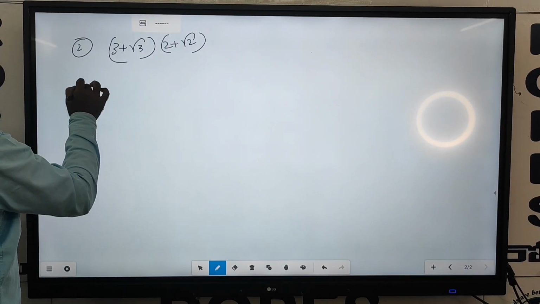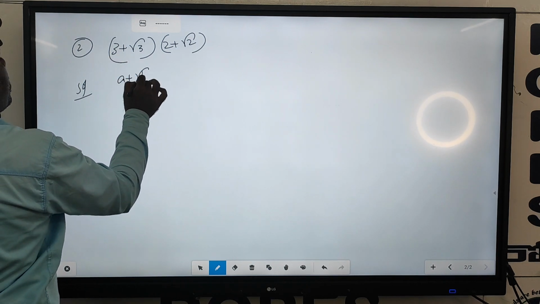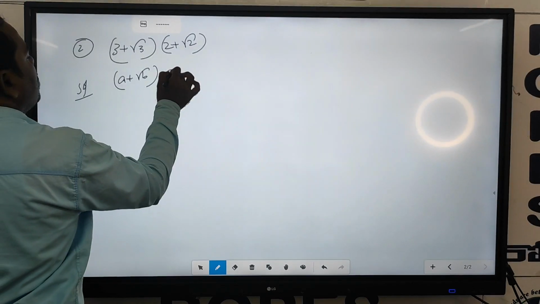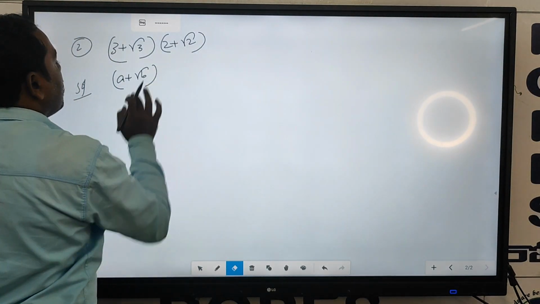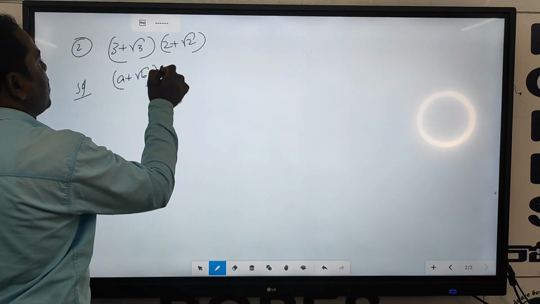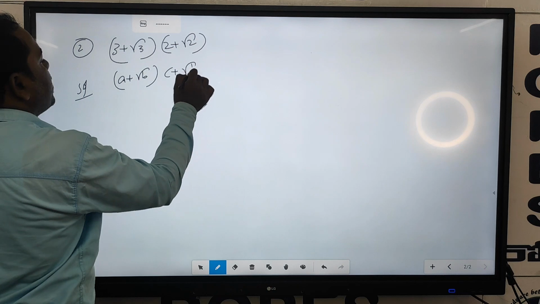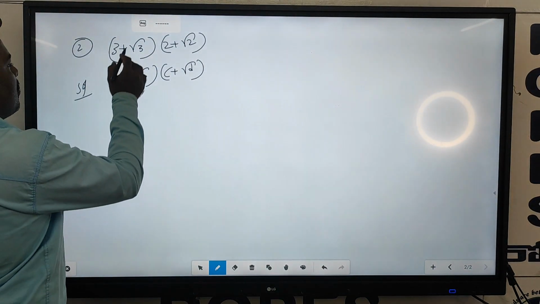Now it is in the form of (a plus root b) into (c plus root d). Like this it is there. Now we can solve it.